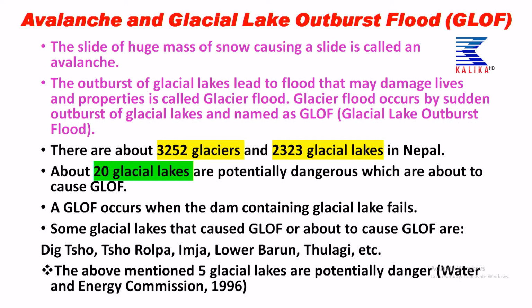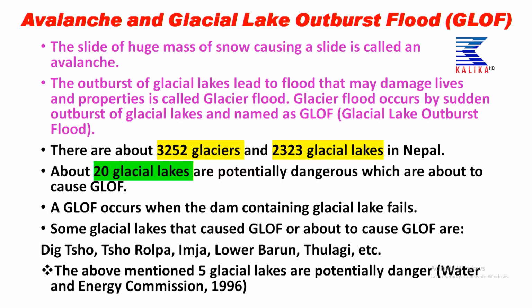So 20 of the glacial lakes are in a very dangerous condition. They are about to explode, forming the GLOF, glacial lake outburst flood. A GLOF occurs when the dam containing the glacial lake fails. Fails means it no longer supports the lake.